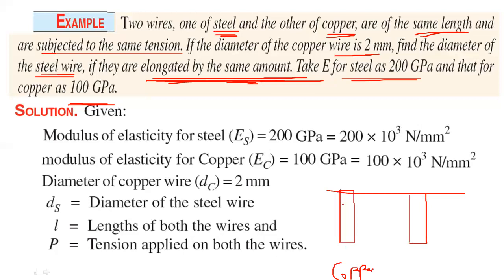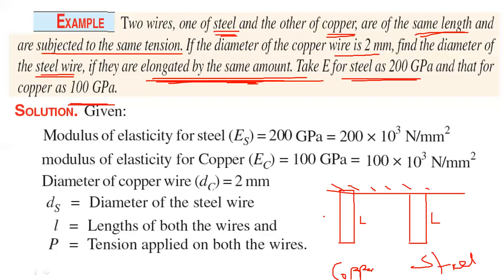Both copper and steel have the same length. That is L, the original length is capital L, and this original length is also L. Both are the same length, but these two are different materials.